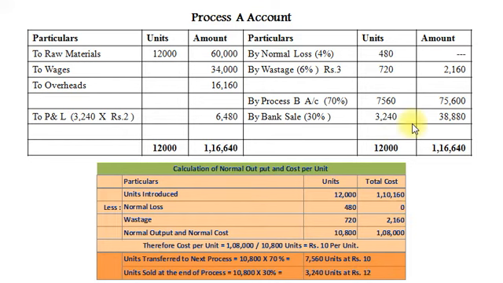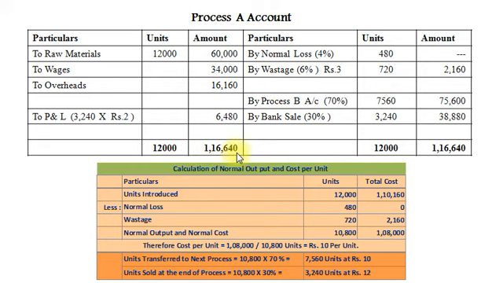So total amount 38,880, and there is a profit of rupees 2, that is selling price minus cost, 12 minus 10, rupees 2 per unit, and that profit will be transferred to costing profit and loss account, and it will be recorded in process A account on debit side, that is 3,240 units multiply rupees 2, an amount 6,480.